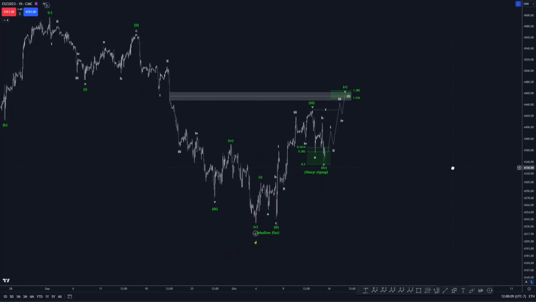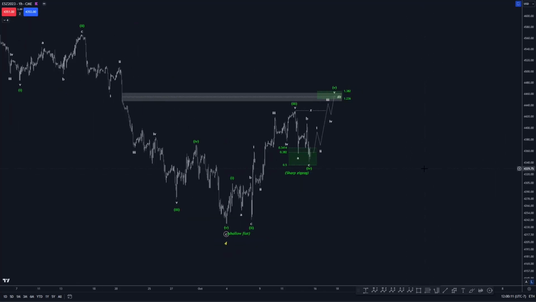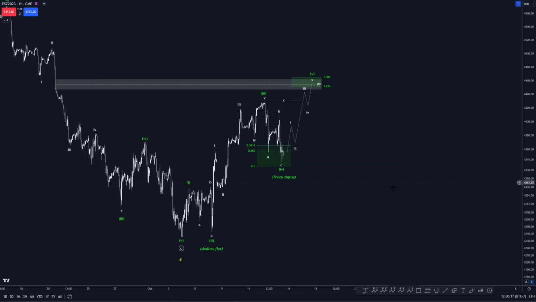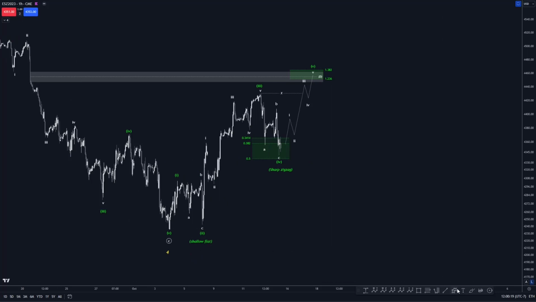And if we're going to look at the smaller time frame, it's got a nice base going for it right here. And what I mean by that is the structure looks very good. We had a very nice reversal. We have nice alternation going on, meaning this is a nice flat pattern right here.